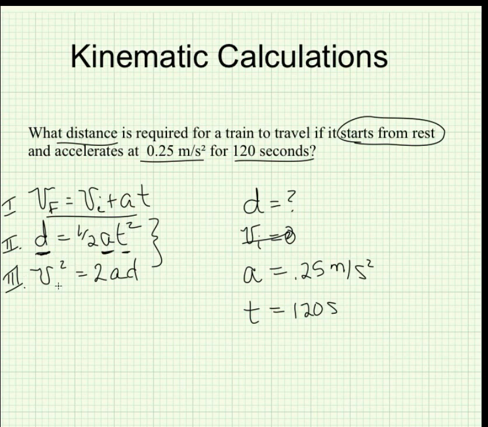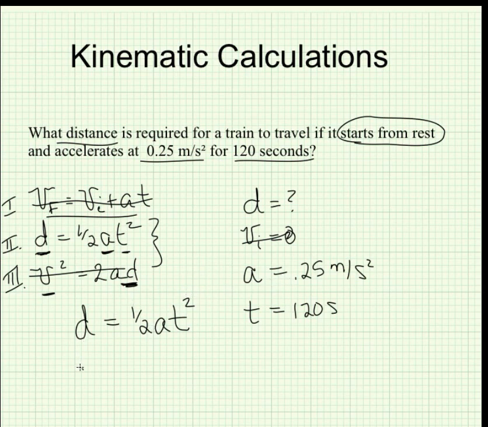But let's just take a look at this third one. I can't use this equation because even though it's got a d inside the equation, I'm not given anything about a velocity. So this one's not going to work, neither will this one. So we're going to start by writing that the distance equals 1/2 the acceleration times time squared. So now all we need to do is substitute in the numbers for the letters.